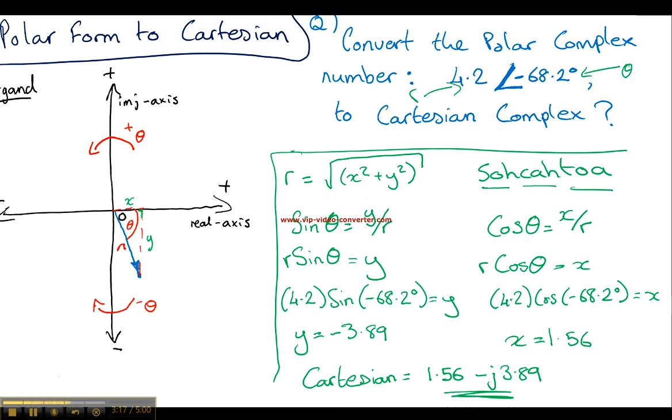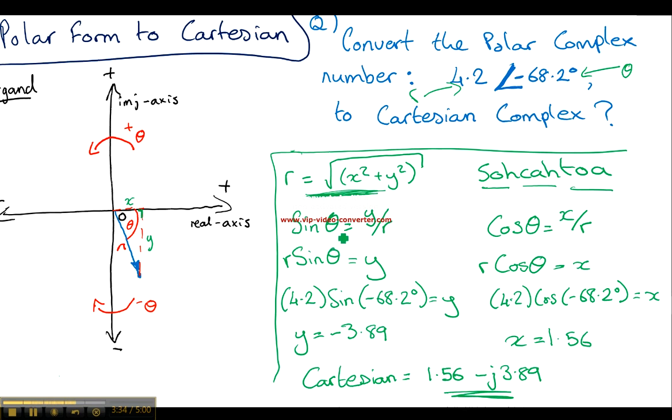But that's how you do polar to Cartesian. And again, you can use similar theories to go back from Cartesian to polar. These formulas here of Pythagoras and SOHCAHTOA are very important, so make sure you're familiar with them.